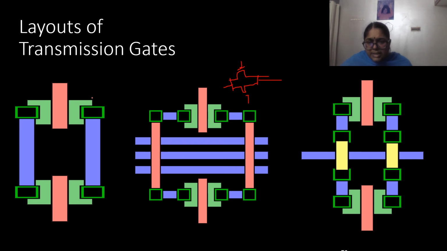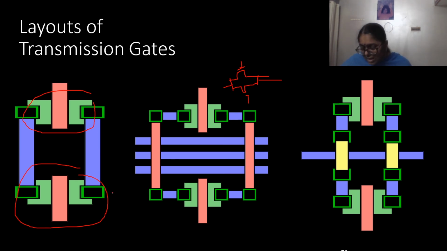So here in this case you can see one PMOS transistor is formed, NMOS transistor is formed. Don't go for the colors, just see how the transistors are formed. So the transistors are formed and you can see the metal layers are used here to make the contact between the two transistors. Whereas here the polysilicon itself is used to make the contact between the two transistors.